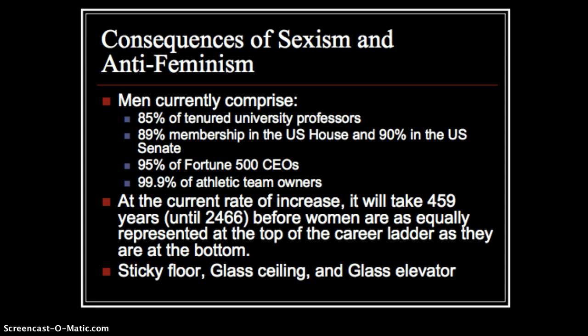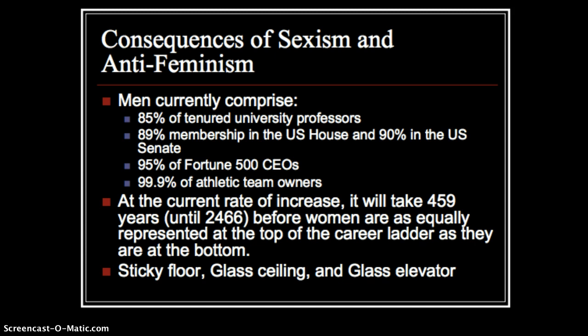So when we look at 85% of tenured university professors being men, we know that there's a good deal of bias in the hiring and tenureship of men versus women. 89% of the membership in the U.S. House and 90% in the U.S. Senate is men. 95% of Fortune 500 CEOs, so the wealthiest companies, are men, and 99.9%, so all but one, of major professional sports teams owners are men.